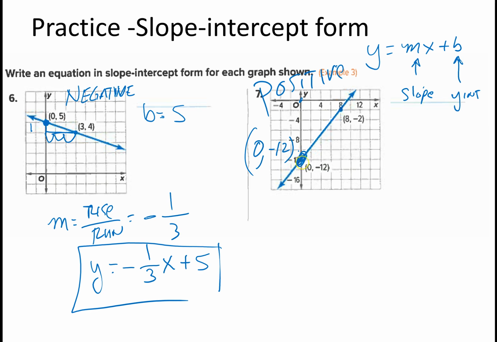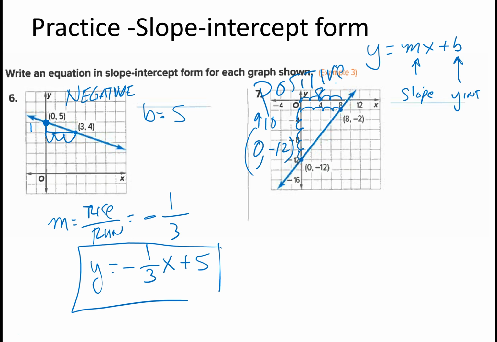So I count. Counting by twos: 2, 4, 6, 8, 10. So that's 10. It's going up 10, over 2, 4, 6, 8.